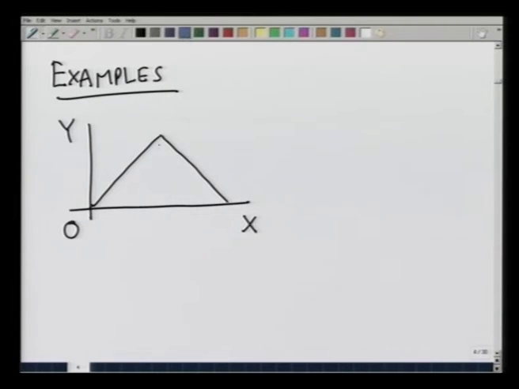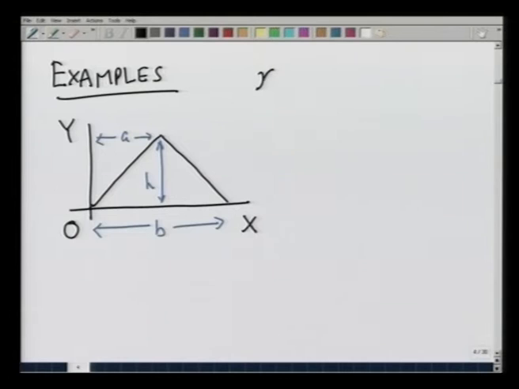The height of the triangle is h. This distance of the vertex from the y axis is a, and the other corner is at distance b. I wish to calculate its first moment about the x and y axis and its centroid x c and y c. So, let us do that.